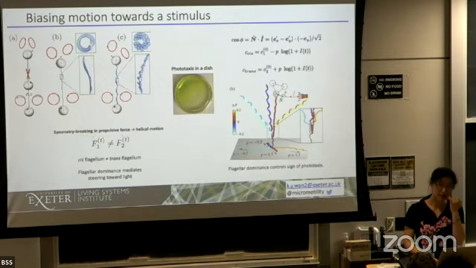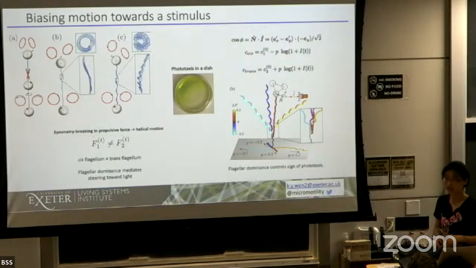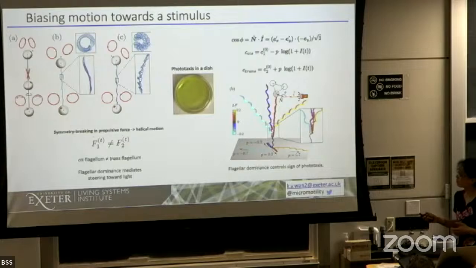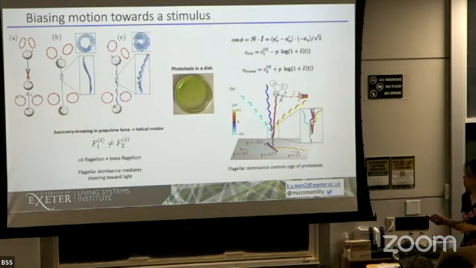Okay, so with this configuration, you can then imagine various functional forms for how the signal from a light source is detected by the eye spot, and how it then in turn changes the relative balance of the two cilia. In this case, based on our biological knowledge, we assume that this quantifier of asymmetry depends directly on the intensity of the light source.